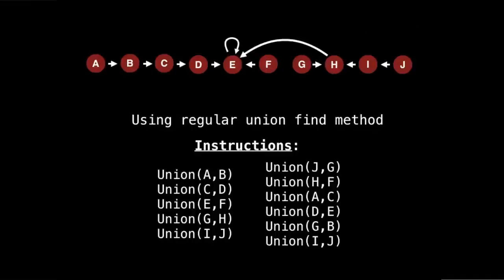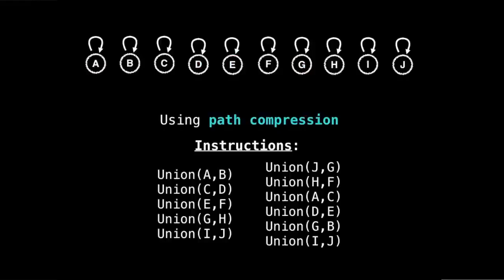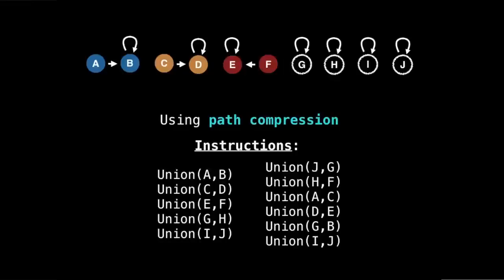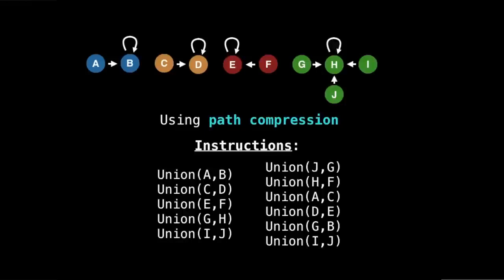But now if I include path compression, let's see what happens. So I still get all those components, but now as I execute the instruction on the right hand side, this is what happens. So I get the green group, but then because of path compression, that J merged into the H, so already that path is a little shorter.